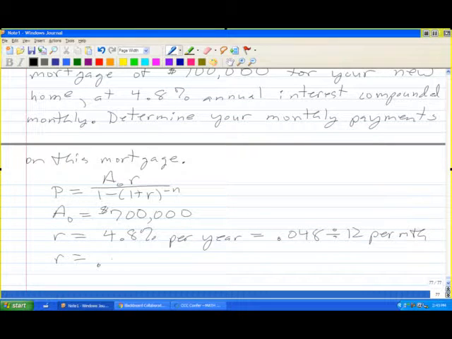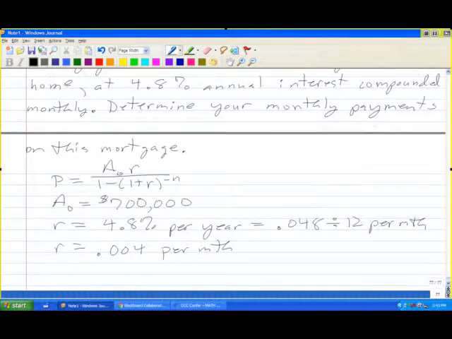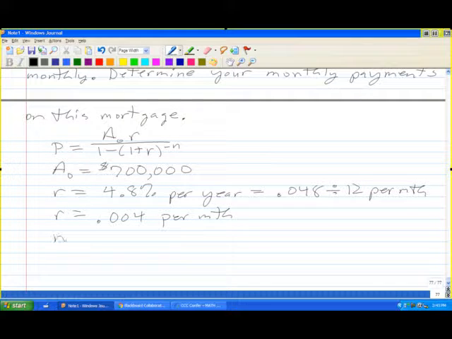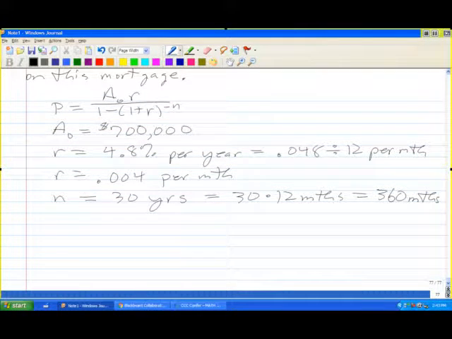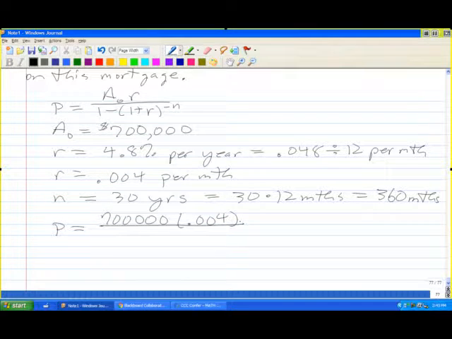So the interest rate is 0.004 per month. And N equals 30 years, which is 30 times 12 months, which is 360 months. So P is equal to 700,000 times 0.004 divided by 1 minus (1 plus 0.004) to the negative 360. Okay, plug that into your calculator.